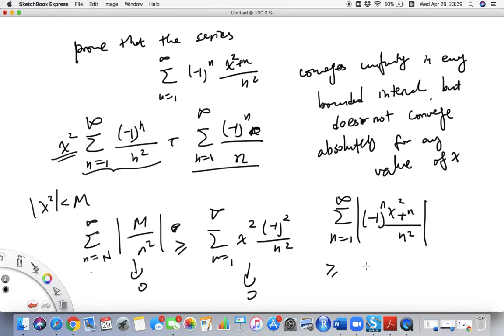So this is greater than or equal to that, right? Because x squared is always positive, and after putting on the absolute value, this thing is gone, and we know this is divergent, right? So the series is not absolutely convergent for any x.